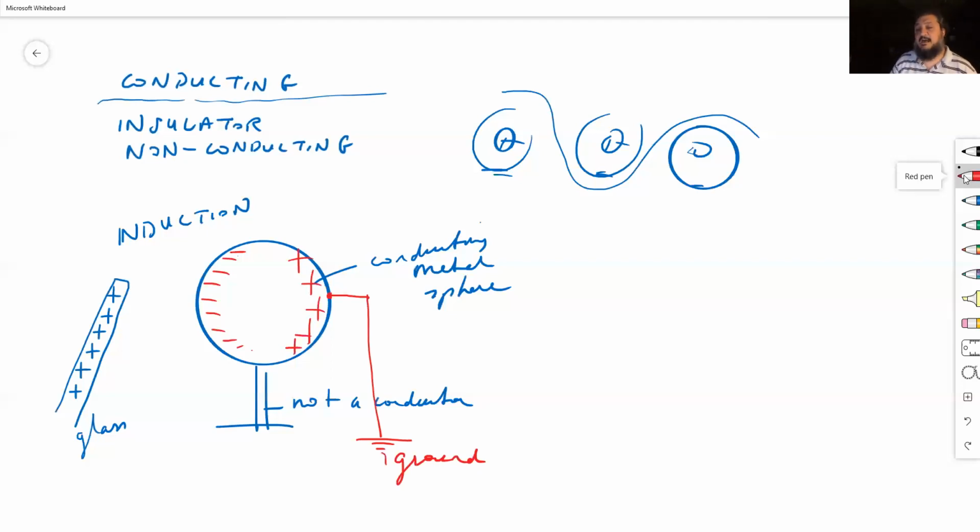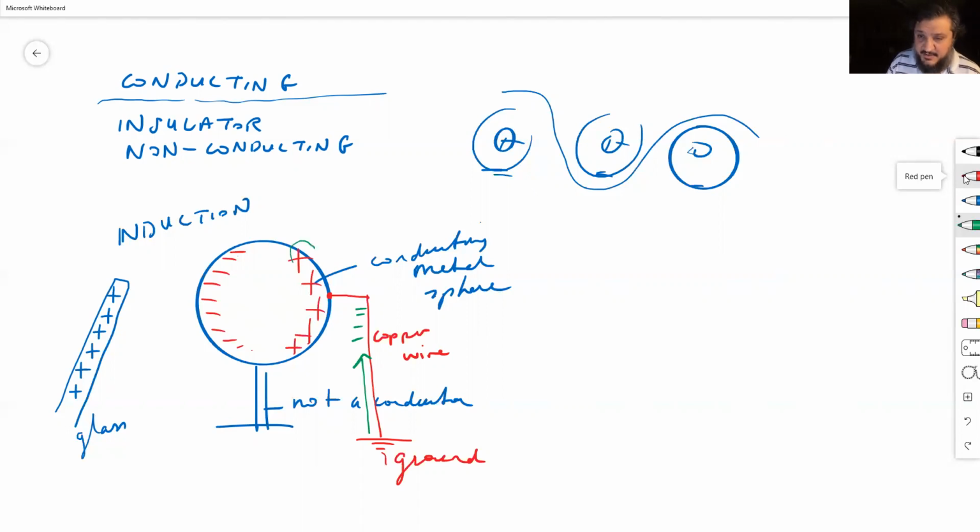So what happens is, since it's a wire, a conductor, let's say copper wire, you're going to borrow some electrons from the ground, from Earth, all right? So those electrons, let's use green, will travel. How many electrons? Well, depends on how much you need.